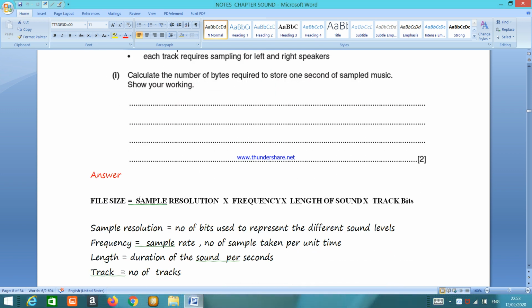So to calculate the file size, you need the sample resolution multiplied by the frequency, the rate at which the sample is taken. You need to multiply by the length of the sound, which is measured in seconds, and the number of tracks. The answer is usually in bits.